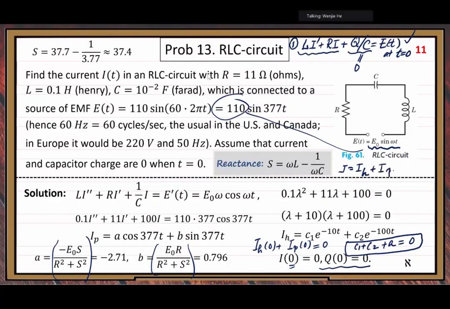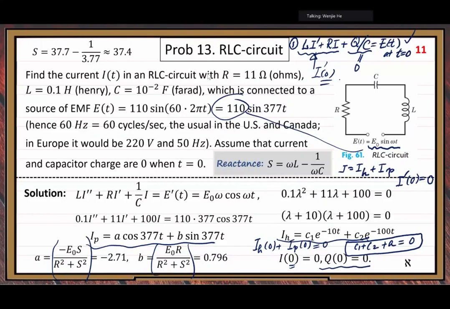IH and IP, you have the form, at least you have the form. So can you calculate I prime of 0? I prime of 0, you can use here. Then you get a second equation. In this way, you get a second equation.